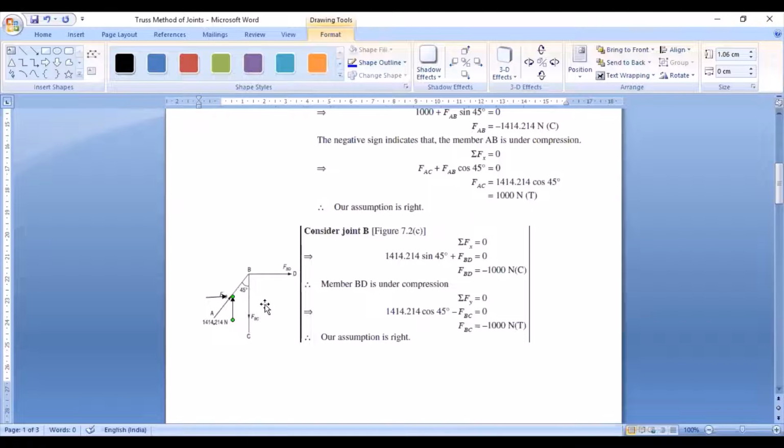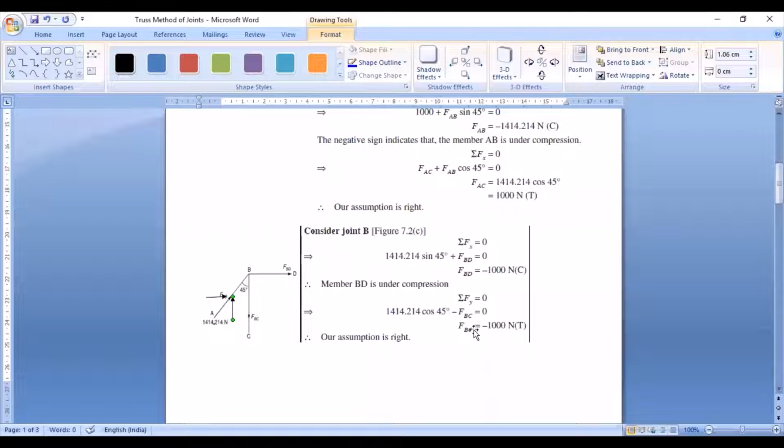Now the next equation is sigma Fy equal to 0. You have two vertical forces: FBC, which is acting downwards, and the vertical component of FAB, which is acting upwards. So you have FBC acting downwards, taken with a negative sign, and FAB acting upwards, so it will be the positive sign, that is 1414.214 cos 45.